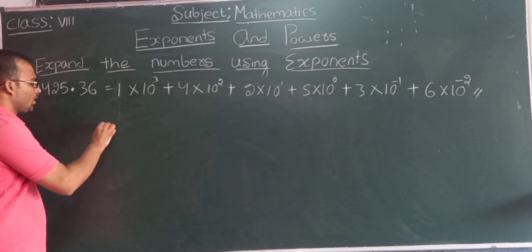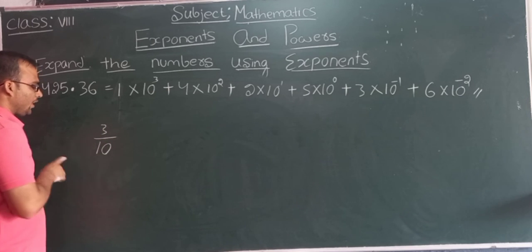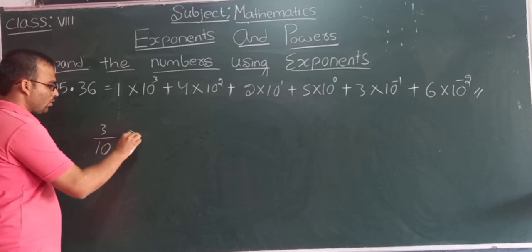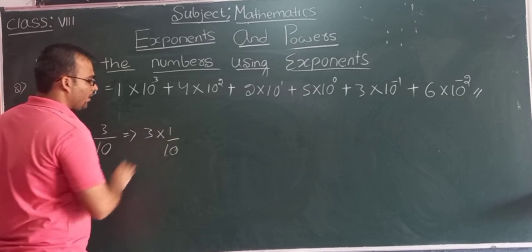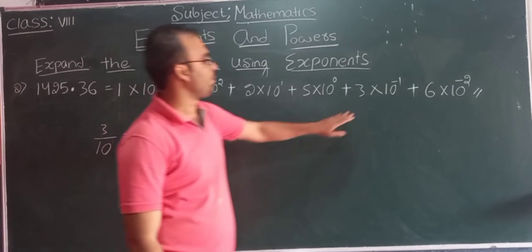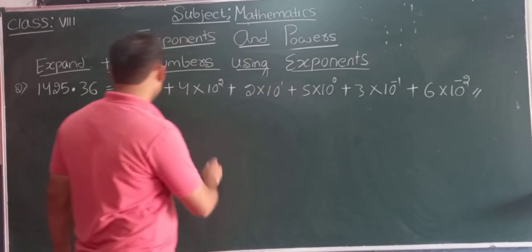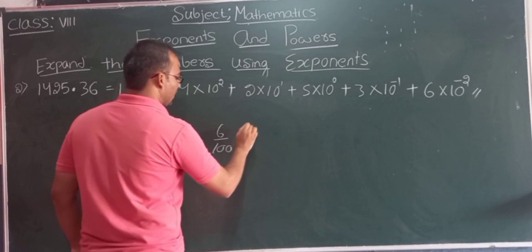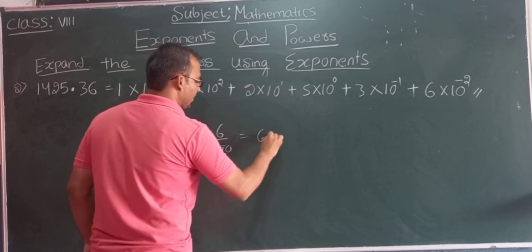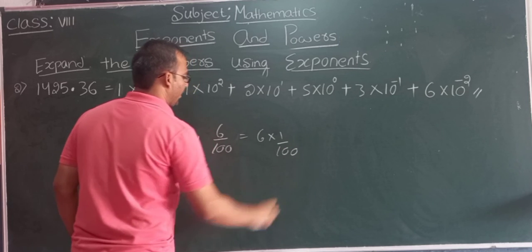Students, here, just don't get confused. If 3 by 10 is there, this is nothing but 3 into 1 by 10. And 6 by 100 is nothing but 6 into 1 by 100.